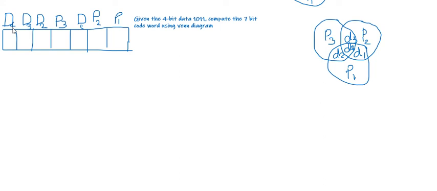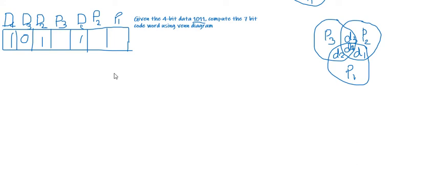You have the 4-bit data given in the question, 1011. So the last one on your right side is your D1, and then D2, and then D3, and then D4. Okay, so you know the 4-bit data.